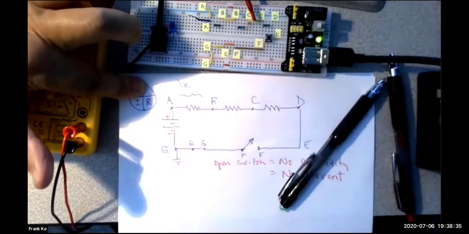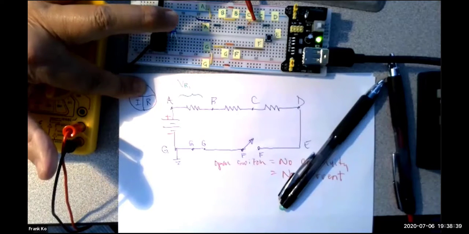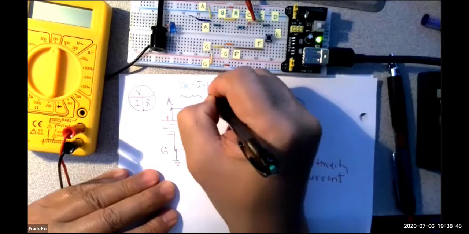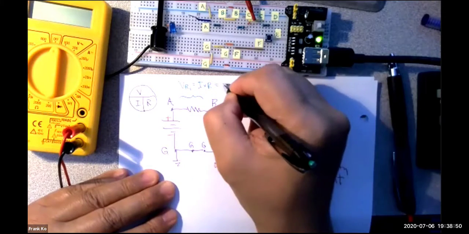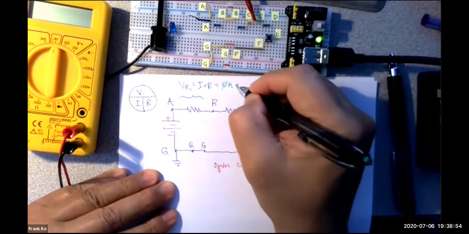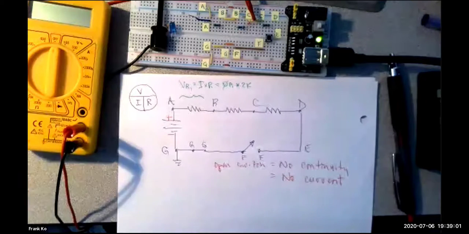I times R. Is that the method by which we can calculate voltage? Yes or no? Yes. Okay. That being said, this is equal to I times R. What is my I in this case? 0 amps. What is my R in this case? 2 kilo. Would you key that into your calculator right now, everybody? 0 times 2 kilo. What do you get?